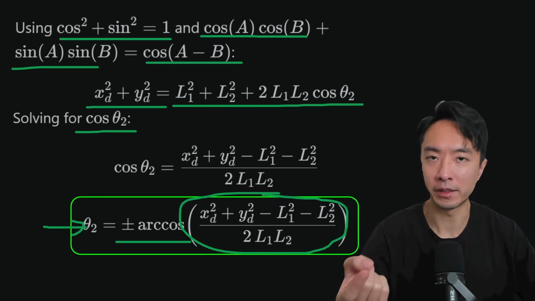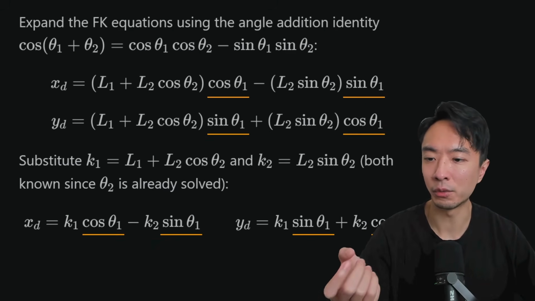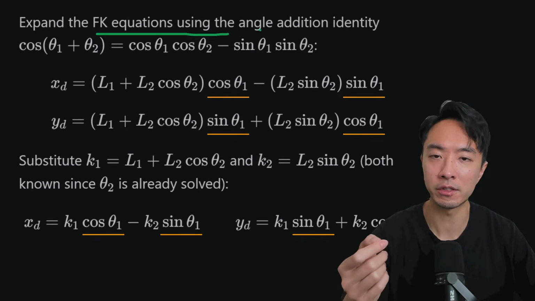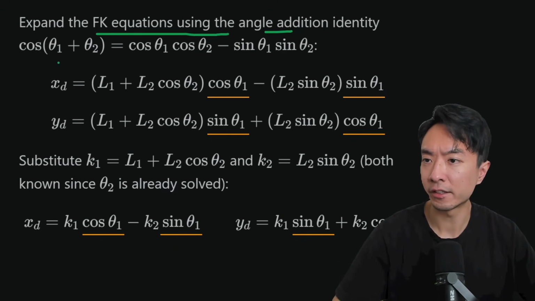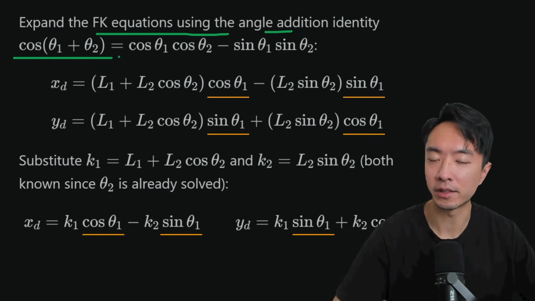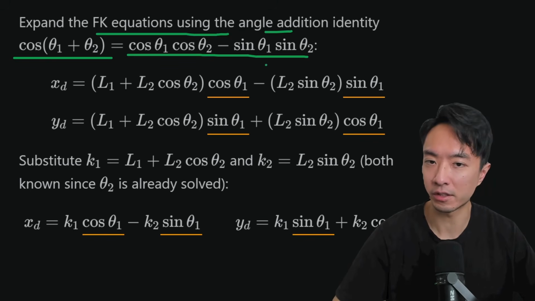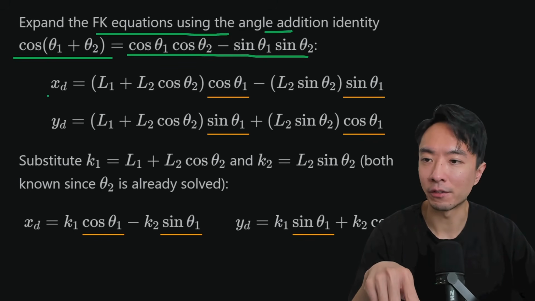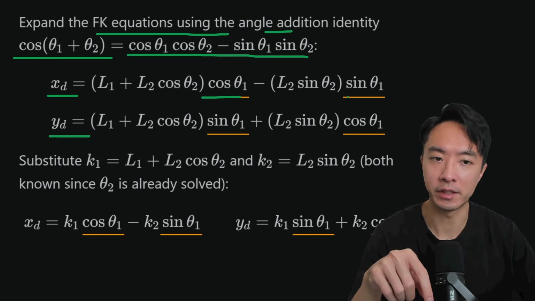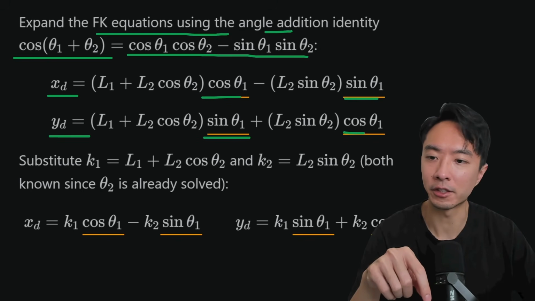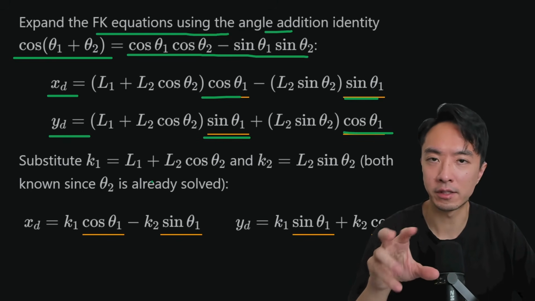Now we have to find θ1. To find θ1, we go back to our equations here. We expand the forward kinematic equations using the angle addition identity. We have cosine of θ1 plus θ2 equals this expression. So once we have that, we have our xd and yd, and notice we have our cosine and sine terms here, sine and cosine. So what we can do is some little tricks.